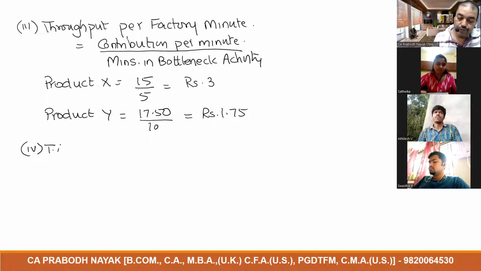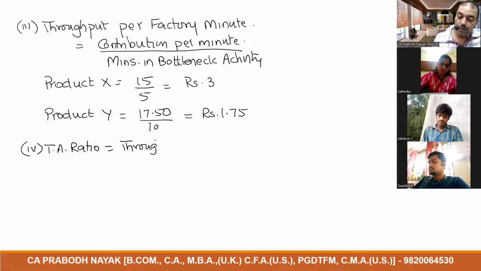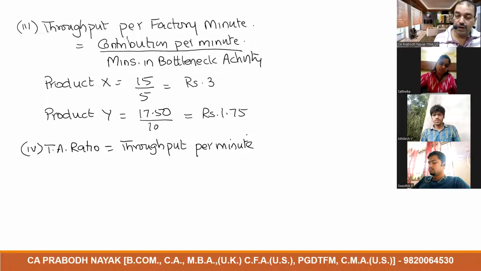TA ratio. What is the formula? Throughput per minute now, not per hour, because in this problem it is per minute. Formula is for per hour, but here the question is per minute given.